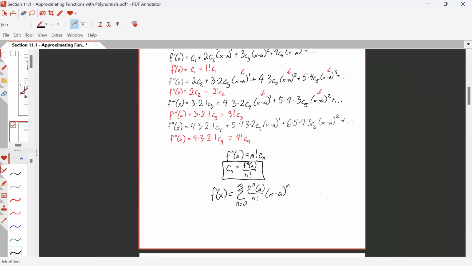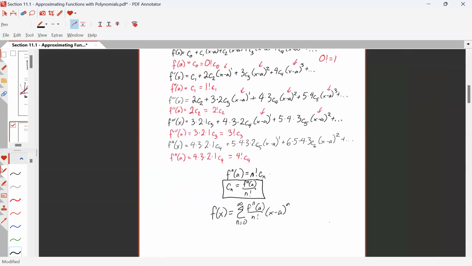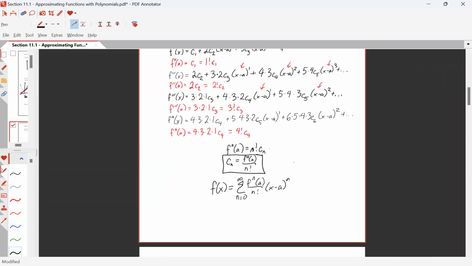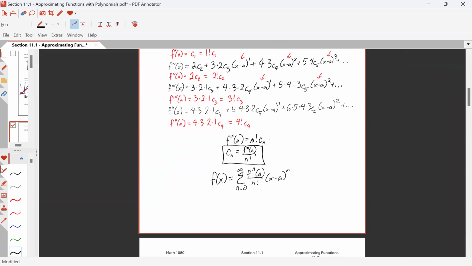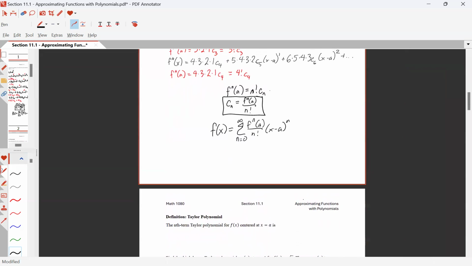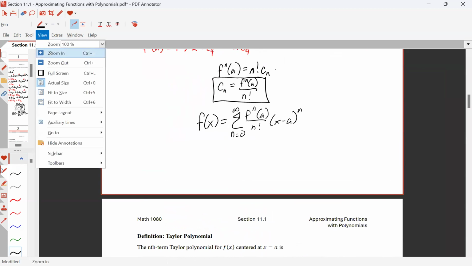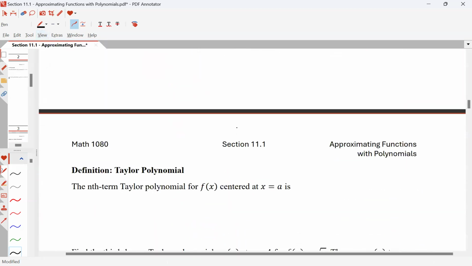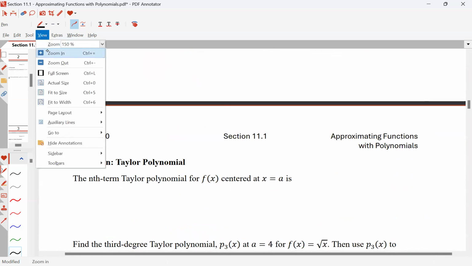Now, working with a whole infinite power series might not always be the easiest thing to find, but we can find the partial sum, essentially. So the partial sum has its own special name, and it is known as the nth term Taylor polynomial.